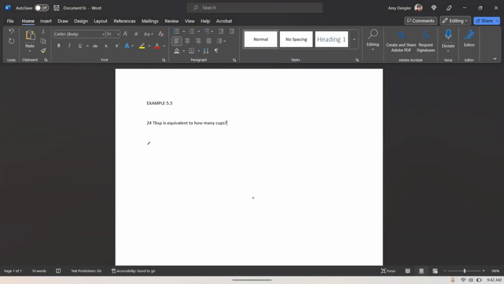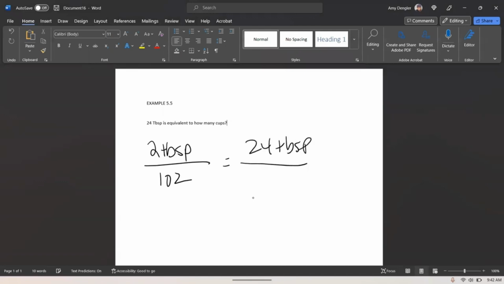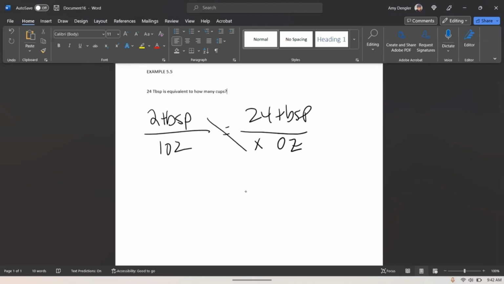So we said 2 tablespoons is equal to 1 ounce. And we have 24 tablespoons. So how many ounces is that? And we'll do 2x equals 24 times 1, which is just 24. So we have 2x equals 24.